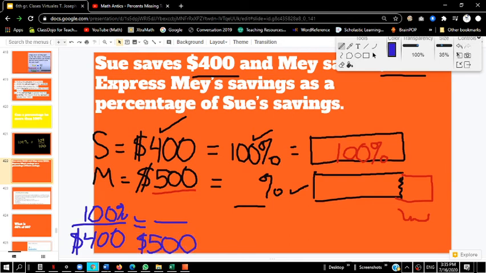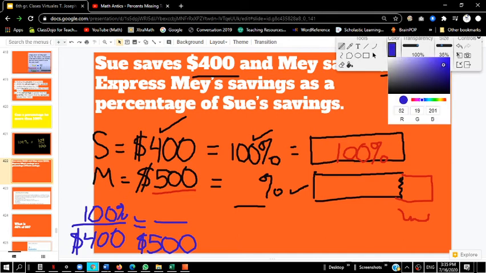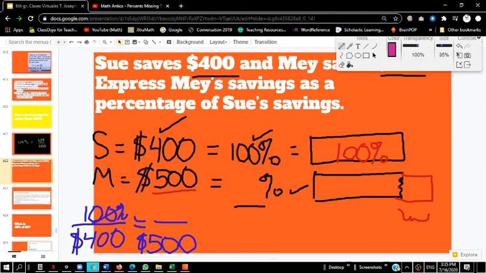All right. I'm going to do the same thing I did before just to simplify these numbers. I'm going to divide everything by 100. Divide 100 by 100, 400 by 100, and 500 by 100. My new proportion is going to be 1/4. It's the same as some number over 5.